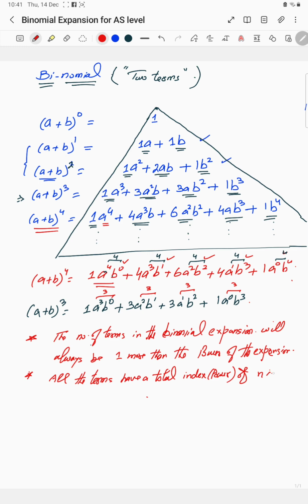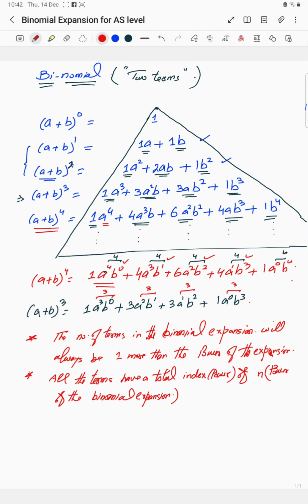And that means we can say, what is n? The power of the binomial expansion, right? So so far I hope it is clear.